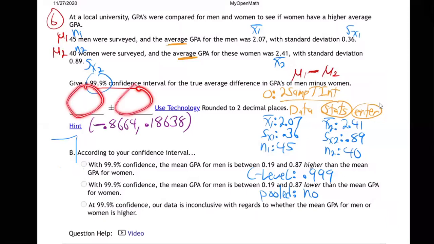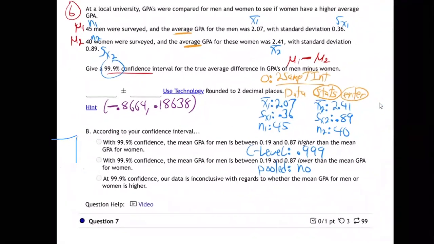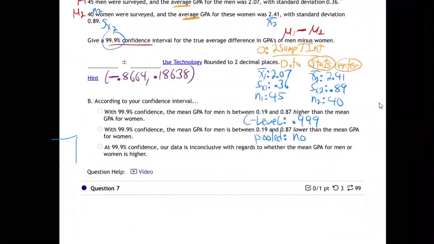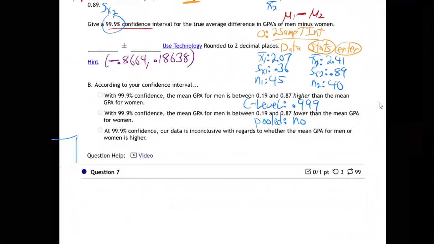turn it into kind of a different format. And I know that can be tricky. So let's figure out how we put it in that format. I'm going to go back to the number line kind of logic. We're saying that our confidence interval goes from negative 0.8, oh, we want to round to two places.